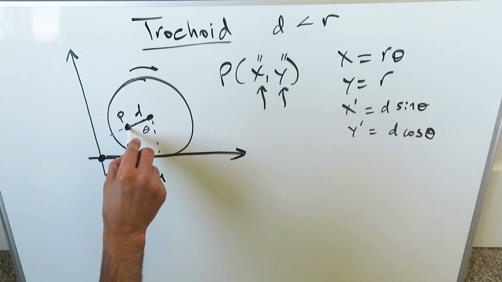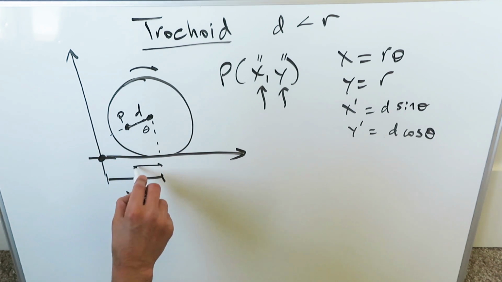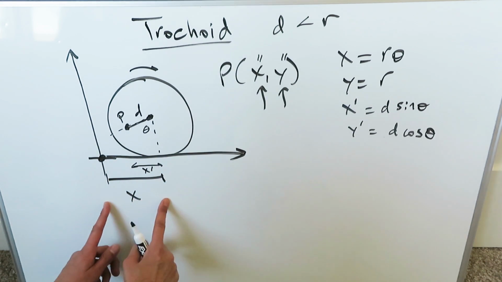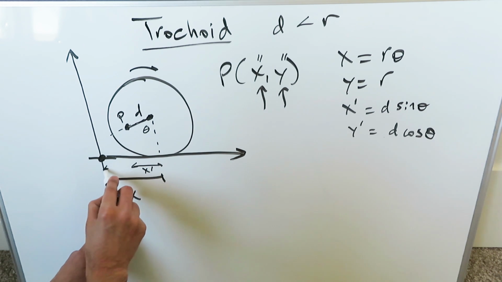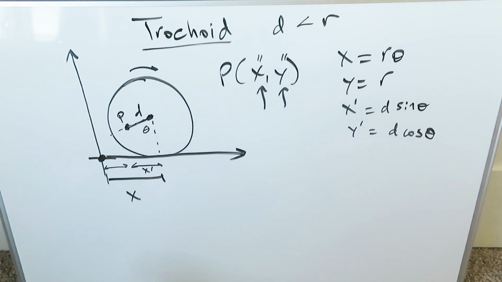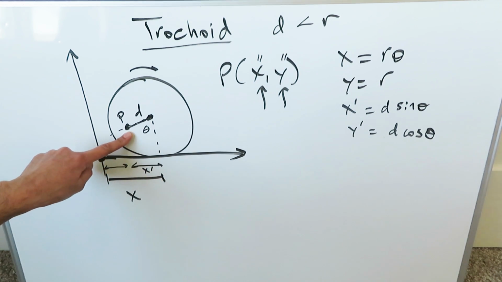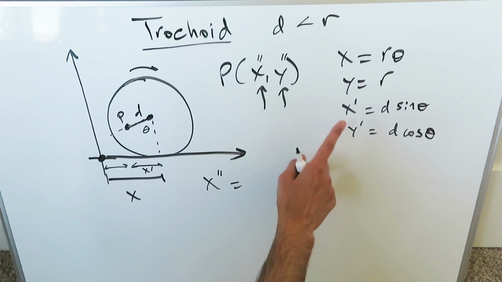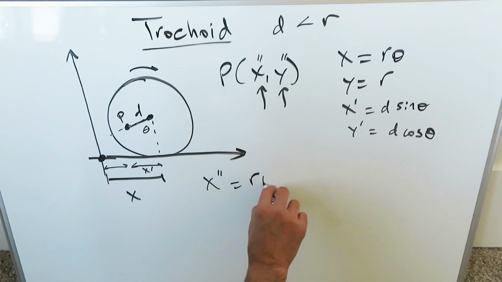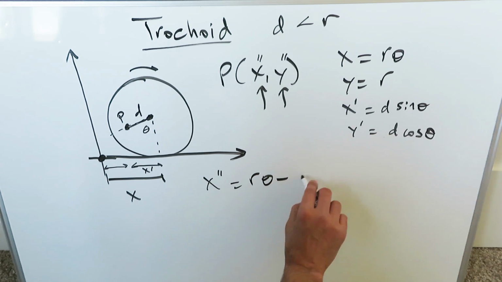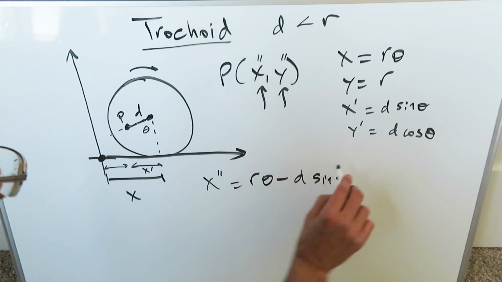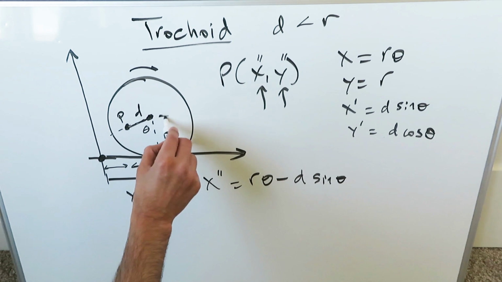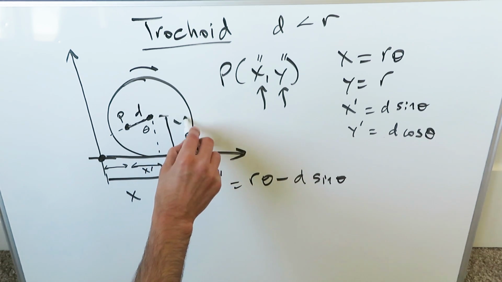When I'm looking from here to here, I have my x. When I'm looking from this point at the x value over here, I'm looking at an x prime. The difference of these two will be equal to the x value of this point P. That will be x double prime, and it will be r theta minus d sine theta. When I'm looking from here to here, I have my complete y dimension.